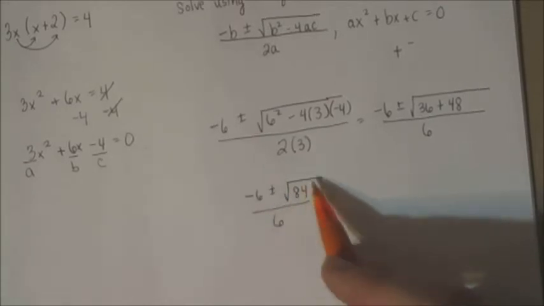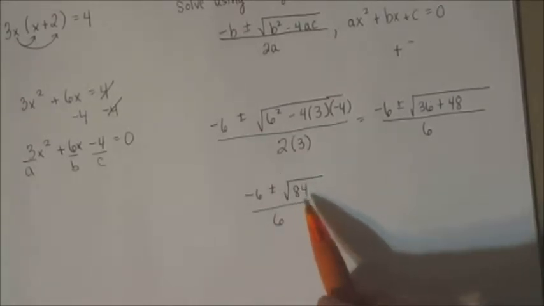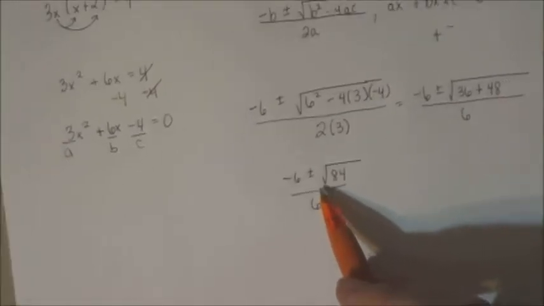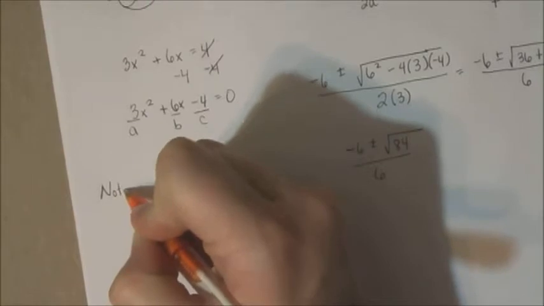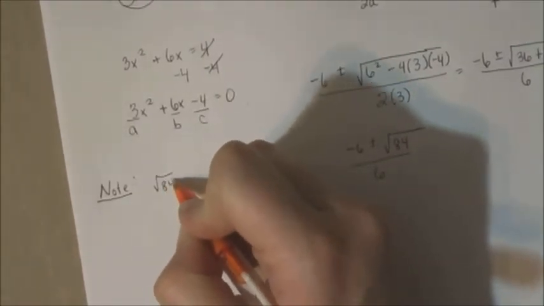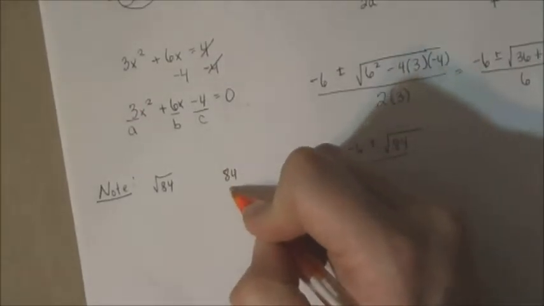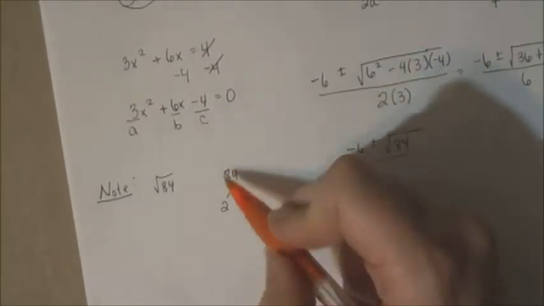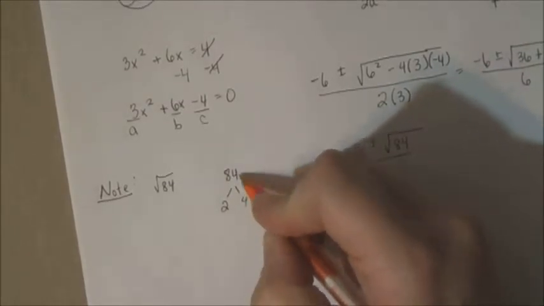And again, we're at a point where we need to simplify this expression, the square root of 84. So to simplify the square root of 84, let's make a factor tree for 84. 84 factors into 2, 2 goes into 84 42 times.